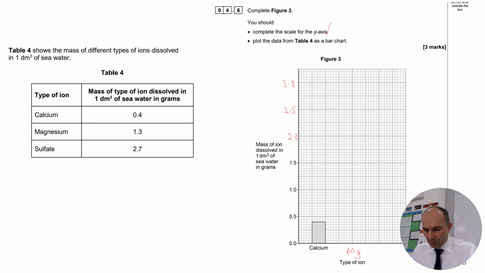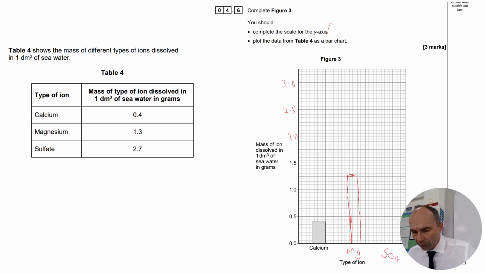So you're going to have the advantage of having a ruler. Just be careful with these scales because 1.3 is going to go up to here. So we're going to draw in that you have the massive advantage of using a ruler and get much straighter lines. We also need to do the sulfate ions, so the sulfate bit down here.